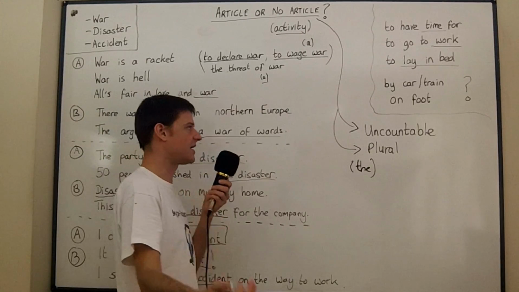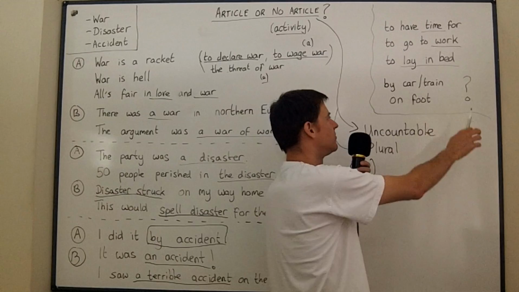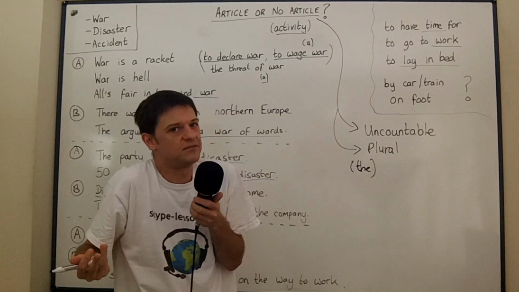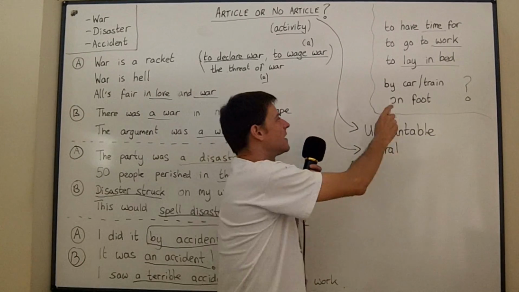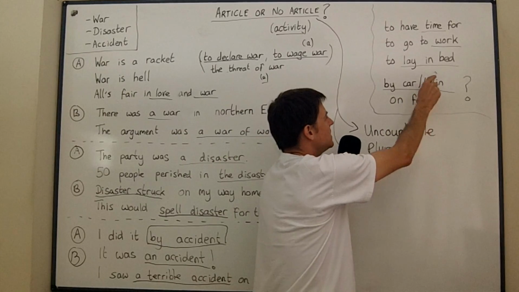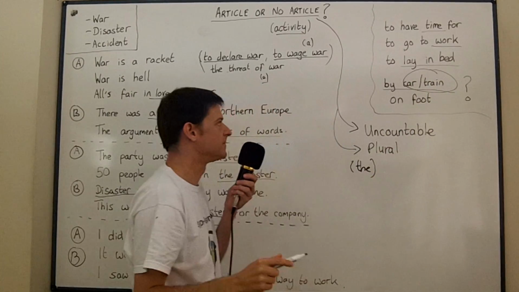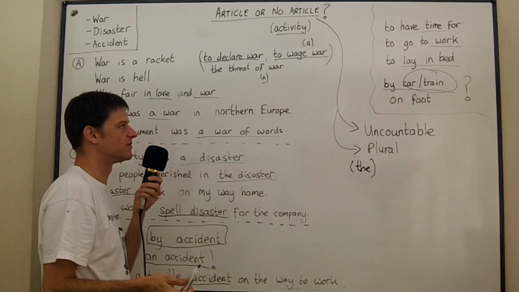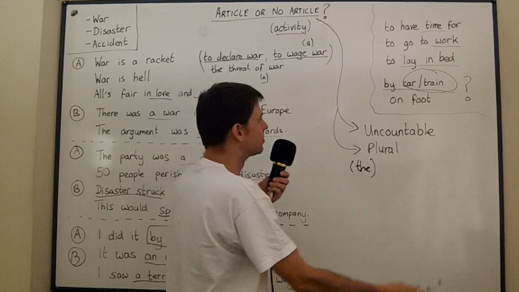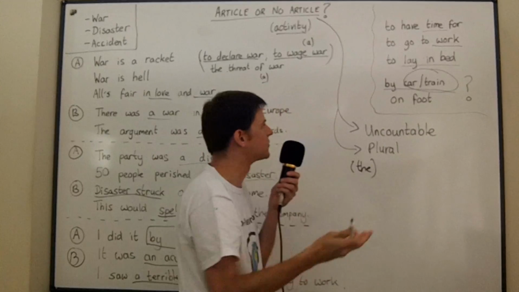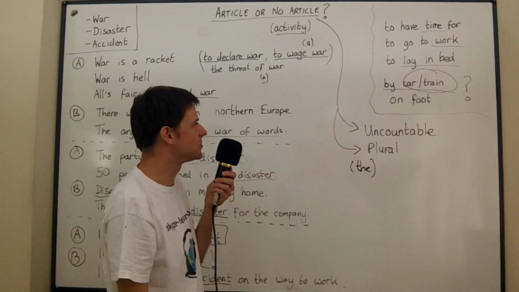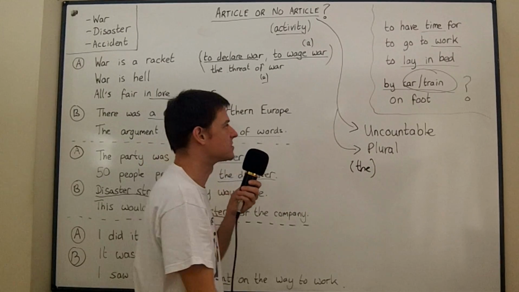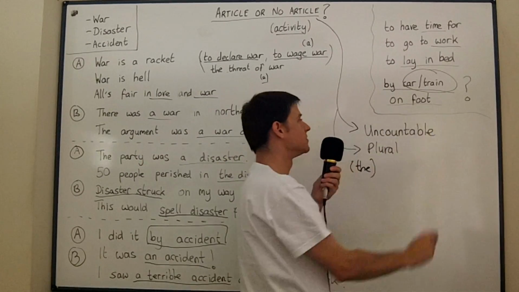And whenever you say I travelled somewhere by car or by train, it seems to me that in that expression, the noun is being used uncountably. There's no article at all before it, but it's not plural, it's just by car, by train. And so you're definitely using the noun uncountably, and you can see it with on foot as well.